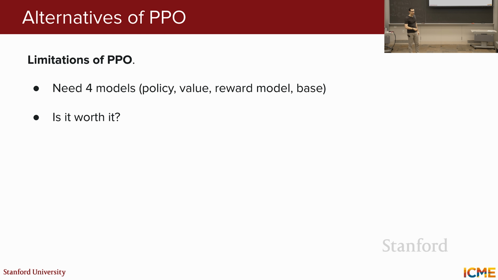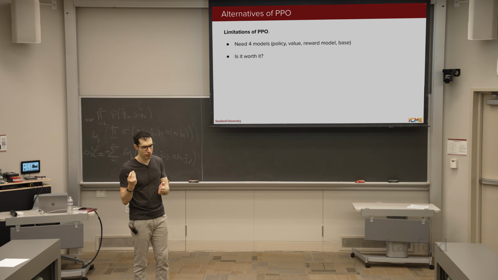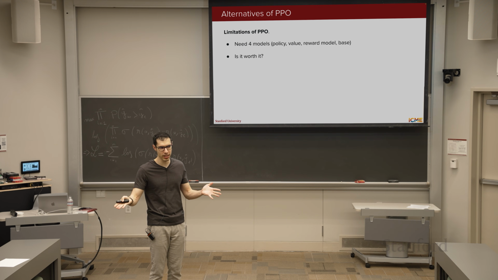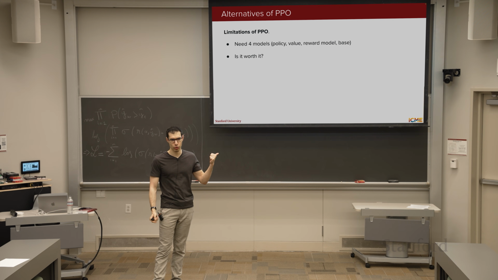Cool. So I talked to you about PPO and how it allowed you to maximize rewards, maximize advantages by not making your model deviate too much from the base model and also from the previous iteration. But the problem is that for PPO, you need a lot of models. So you need your policy, your LLM that you're training.